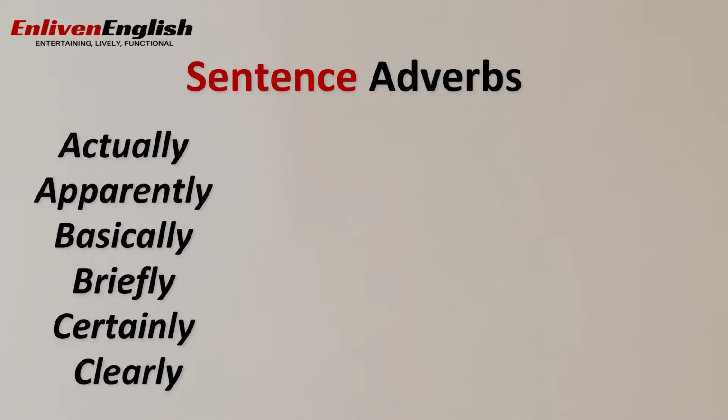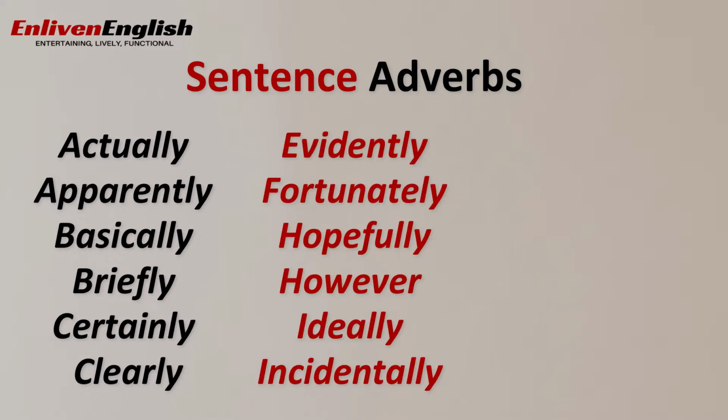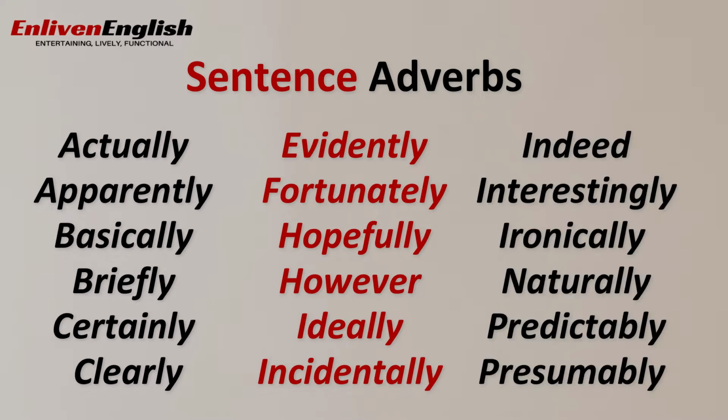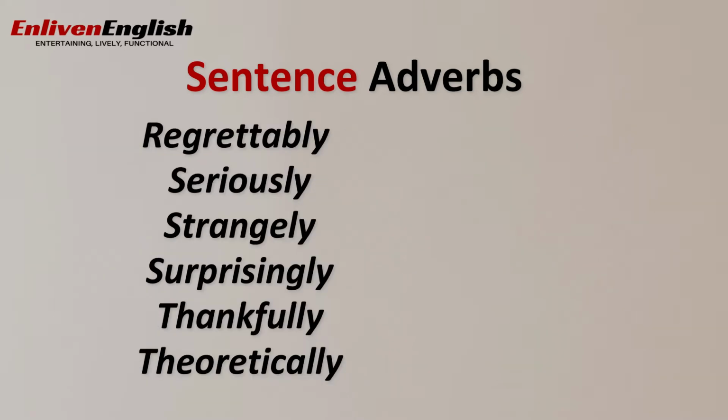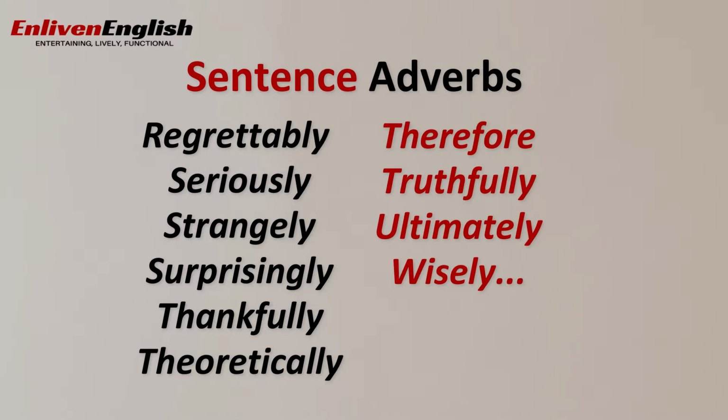Actually, apparently, basically, briefly, certainly, clearly, evidently, fortunately, hopefully, however, ideally, incidentally, indeed, interestingly, ironically, naturally, predictably, presumably, regrettably, seriously, strangely, surprisingly, thankfully, theoretically, therefore, truthfully, ultimately, wisely, and so on. Just remember, sentence adverbs end with ly, and these are placed at the beginning of a sentence. Also, these are separated from the rest of the clause by a comma.